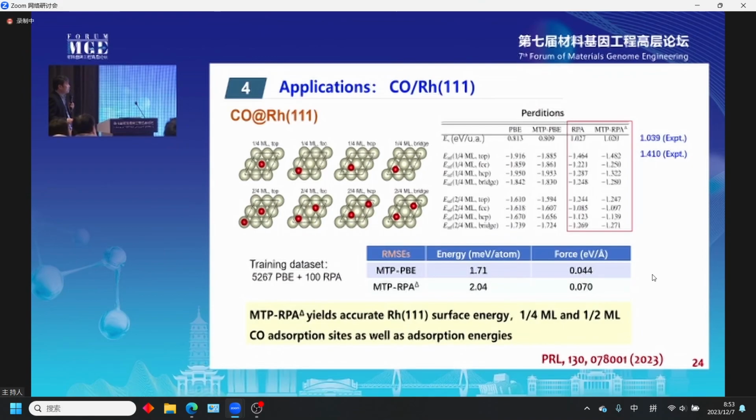For example, we not only get the right adsorption energy compared to experiment, but we also get the right position.